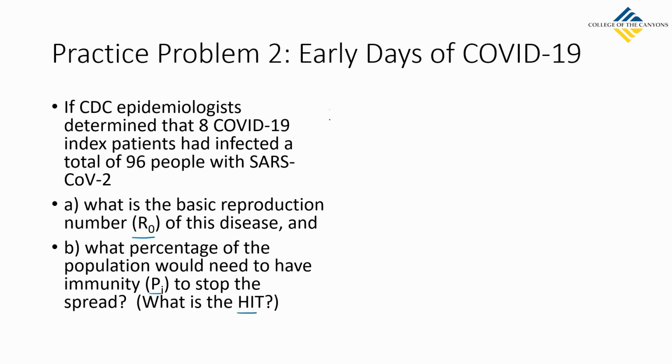So we know that R0 is the number of new cases or the secondary cases over the number of index cases. So we had the 96 secondary cases, and then there were these 8 index cases. All right. Okay. So 96 divided by 8 is 12. So we have an R0 of 12.